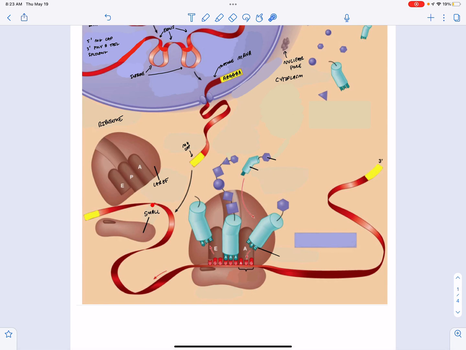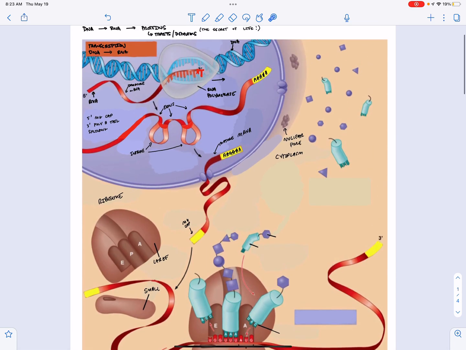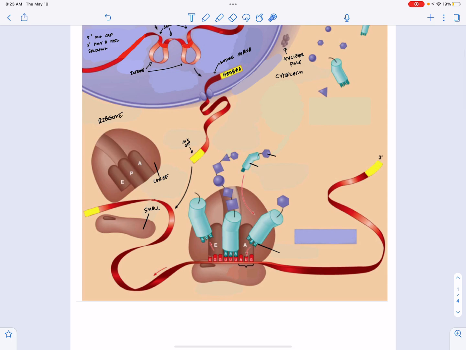So know that this looks like a ribbon, but it's actually got teeth on it. There are nucleotides, the nitrogenous bases, sticking out from one side. So the ribosome is going to scan along the message. It's going to run in this direction until it reaches the start codon.